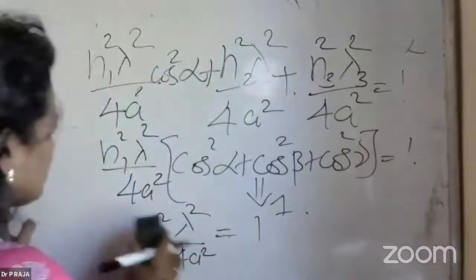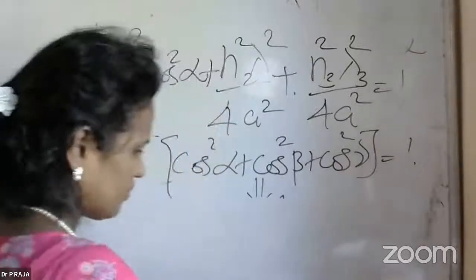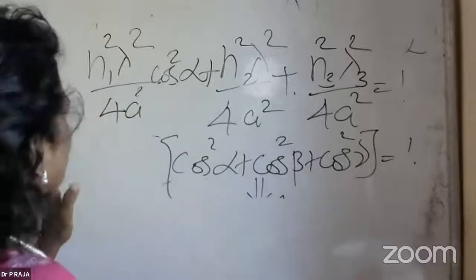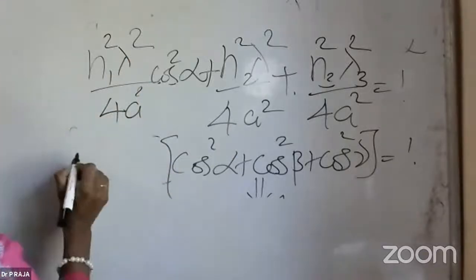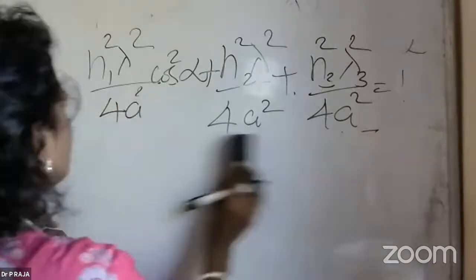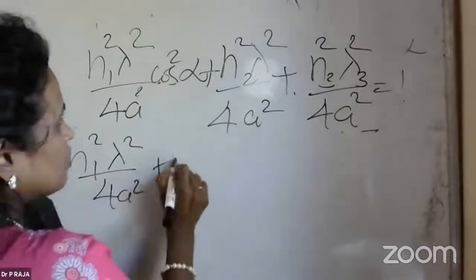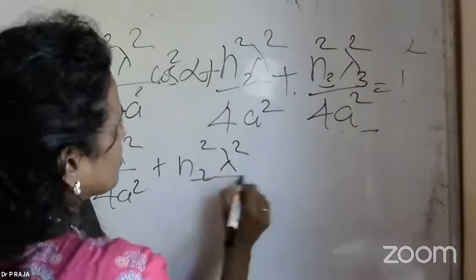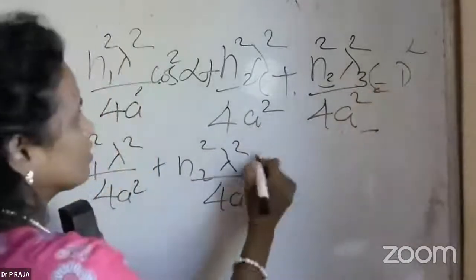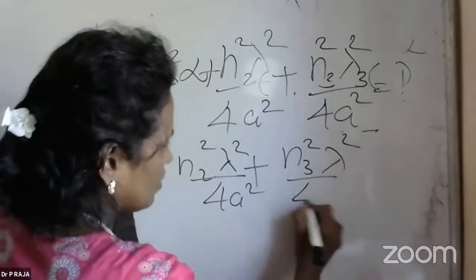Now we need to take the cos terms being 1. Already this will go. So we are left with n1 square lambda square by 4a square plus n2 square lambda square by 4a square plus n3 square lambda square by 4a square.